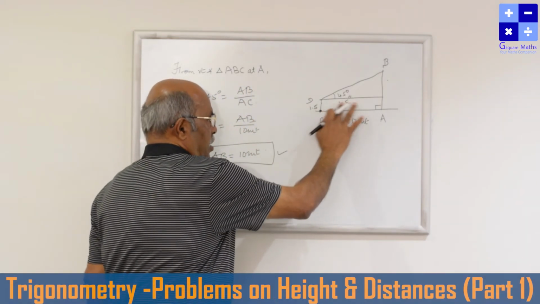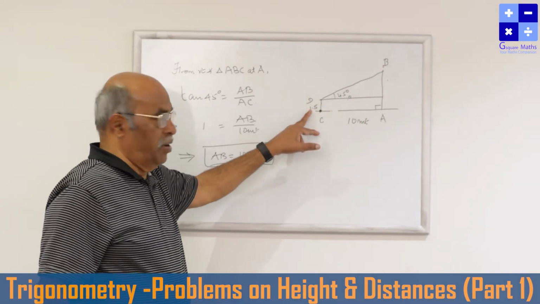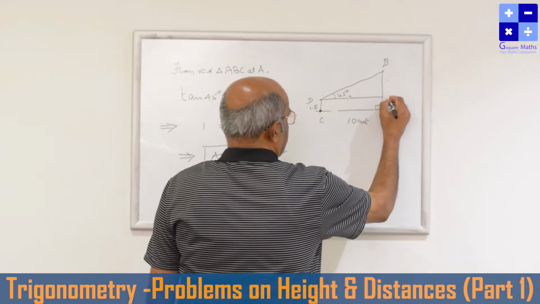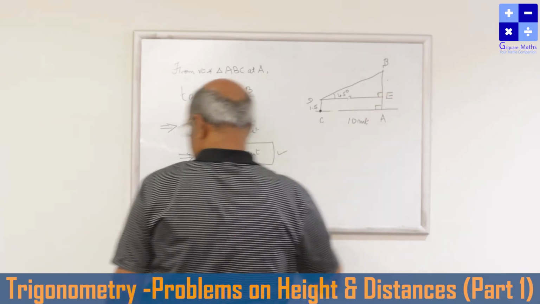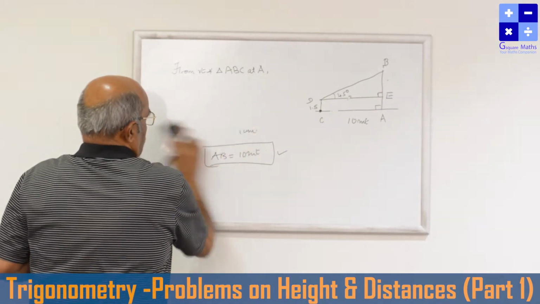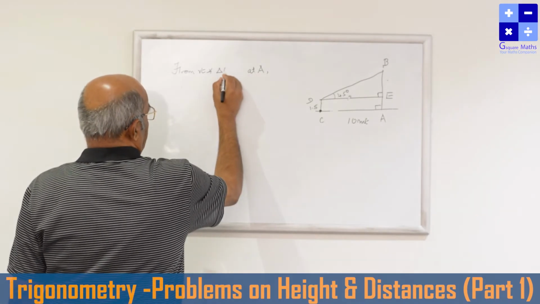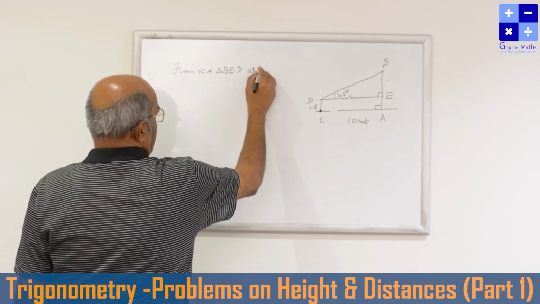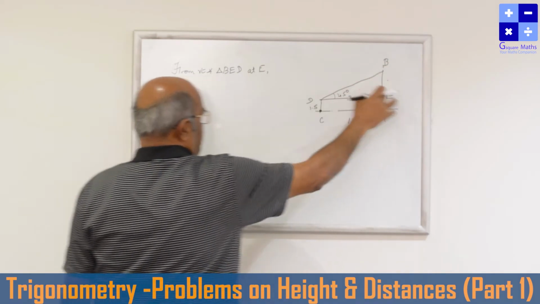Earlier this angle was 45, now that angle is 45 degrees. Now I am considering triangle BED as a right angle triangle at E.